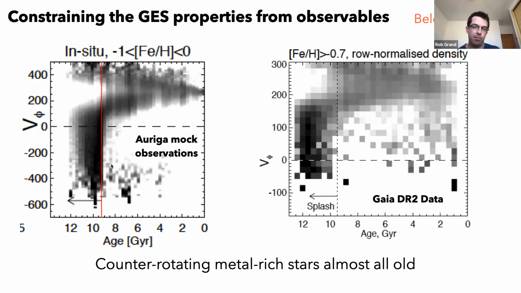And then there's not really that much after this merger time. So it does seem that this might be a good predictor. If we look at the actual Gaia data and play the same game, you can draw this line around here where the fraction of counter-rotating stars really dwindles. And that seems to indicate that the merger may have taken place between 9 and 10 gigayears ago.